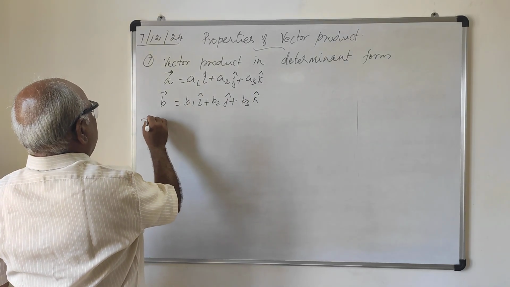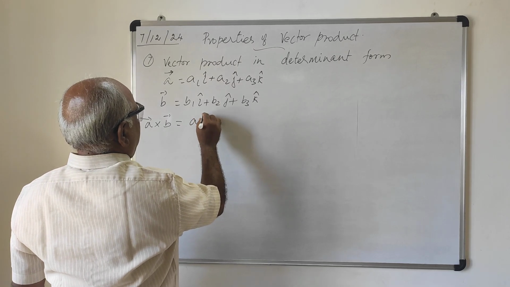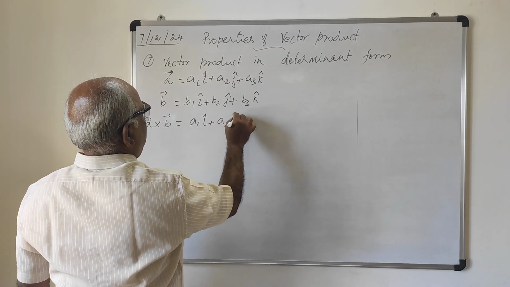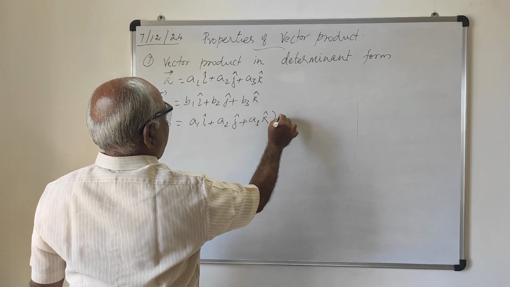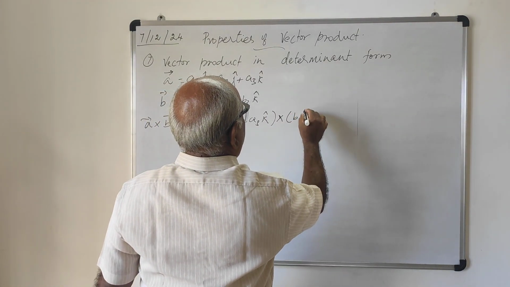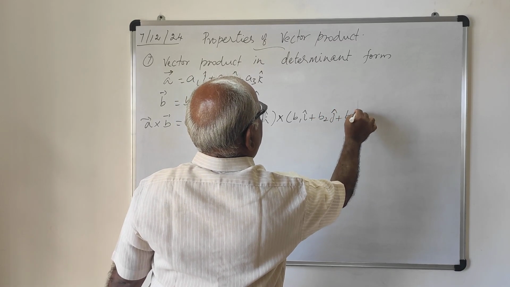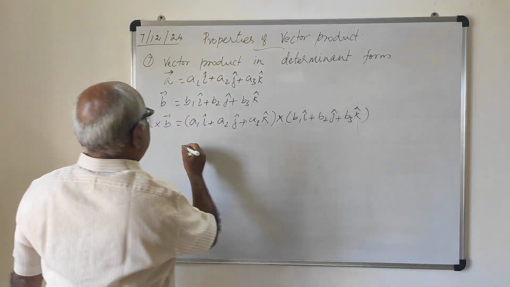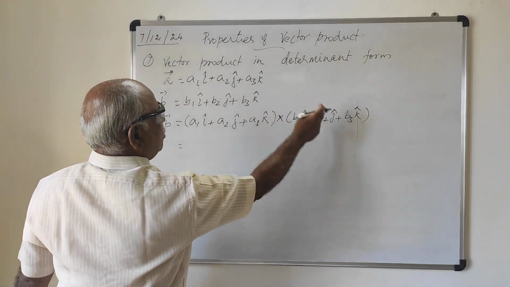So the vector product A cross B is nothing but (A1 i plus A2 j plus A3 k) cross (B1 i plus B2 j plus B3 k). By taking the cross product, you know i cross i is 0, i cross j is k.